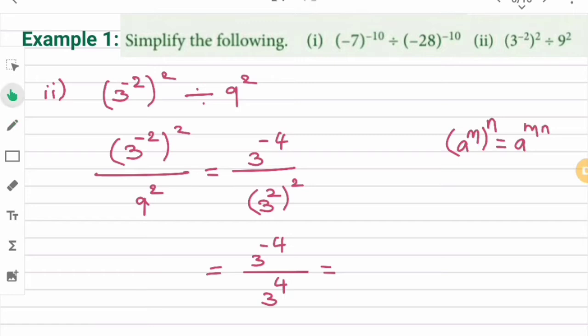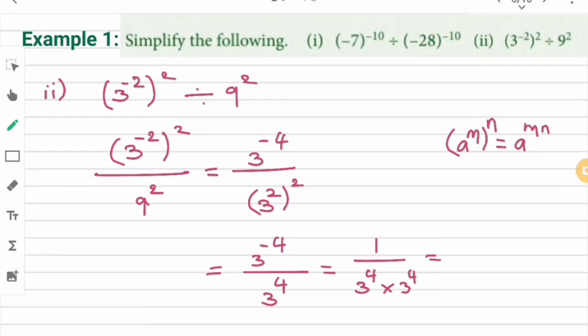And here I am having a negative power over there. So shall I bring this one down? Yes. So what will happen? 1 by 3 power 4 into 3 power 4. So the same bases are multiplied.